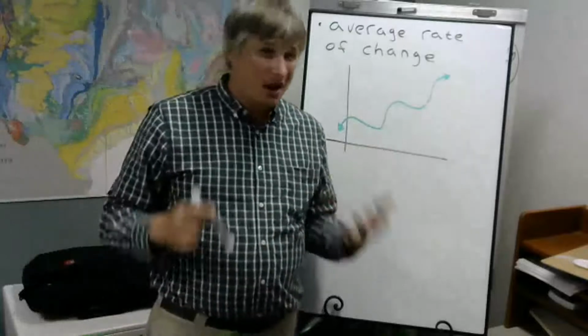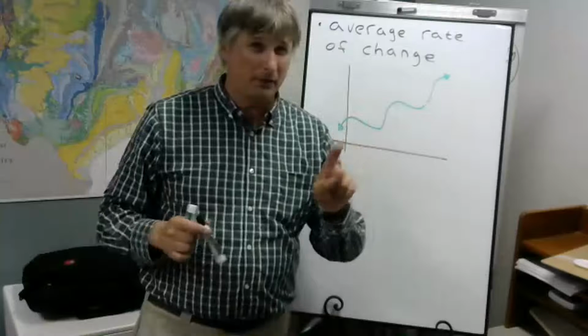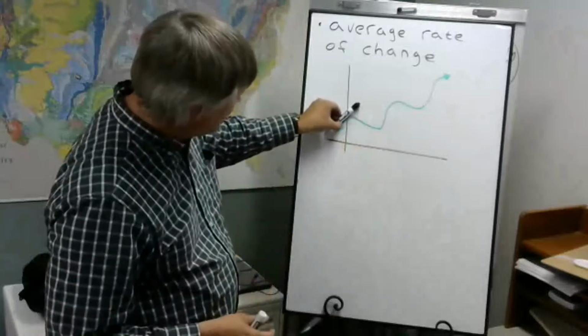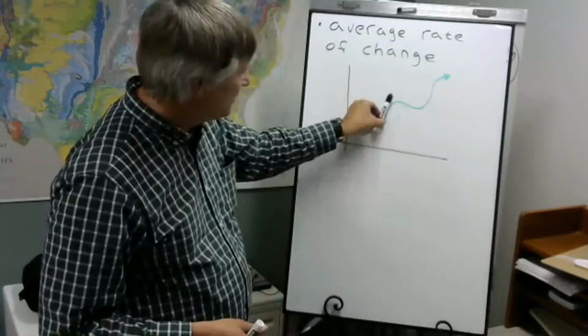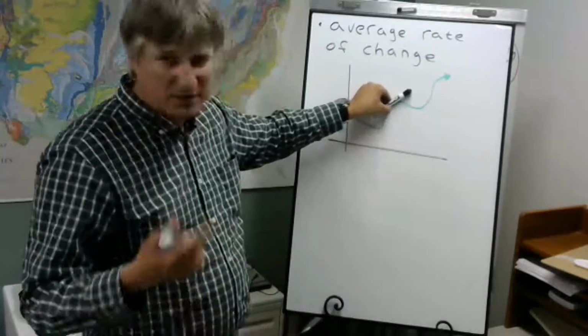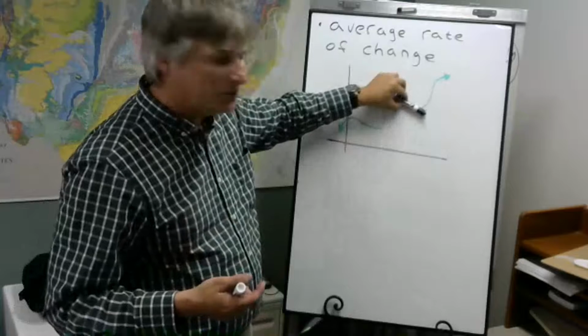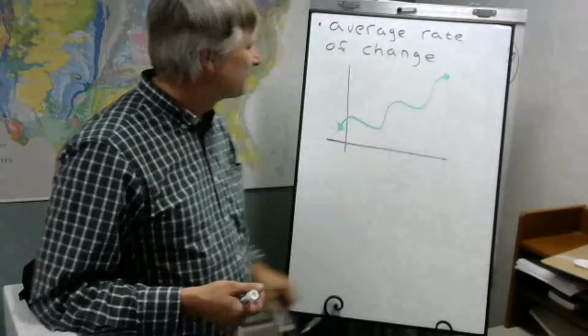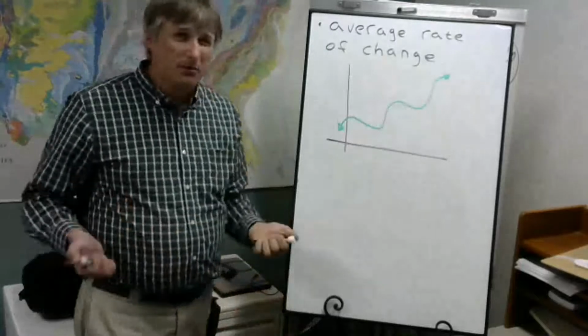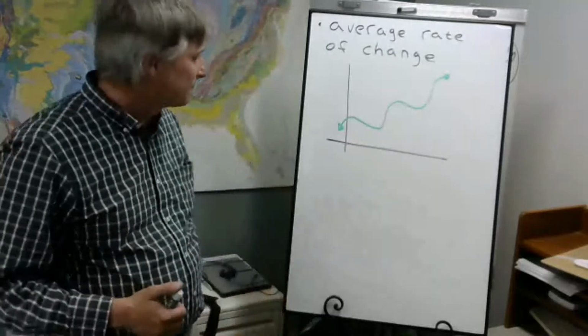Tangent lines contact a curve at one point. So you have a tangent here, and then here, and then here. If you notice the slope of this tangent line, it's always changing. That means the slope of this curve is always changing.